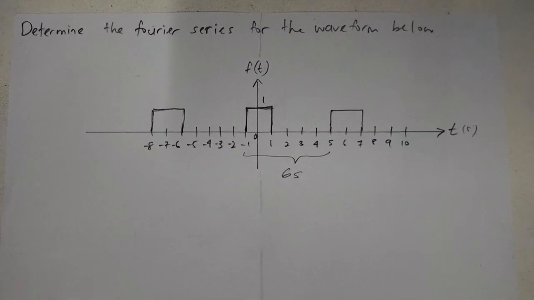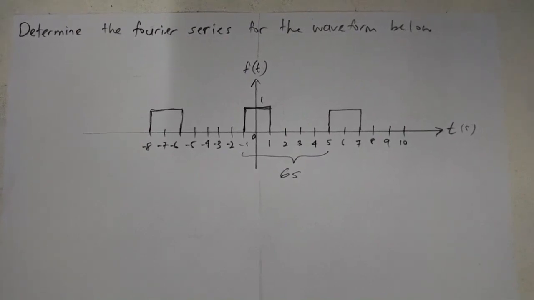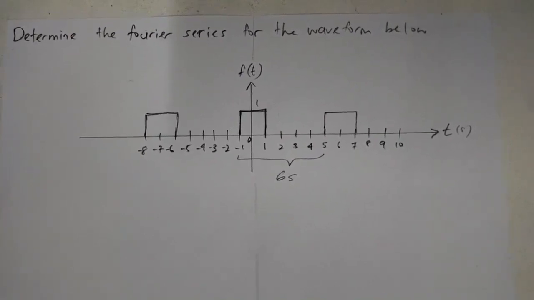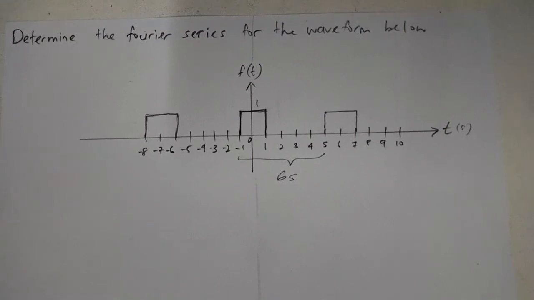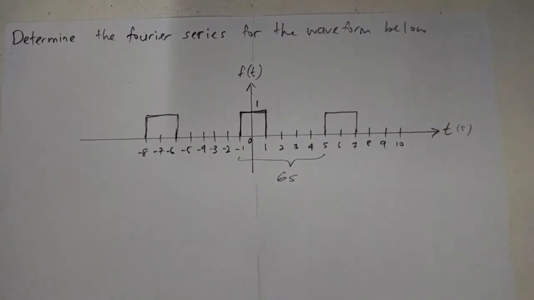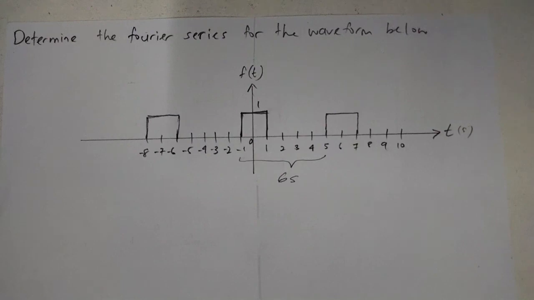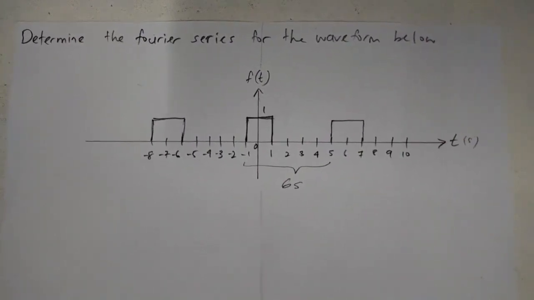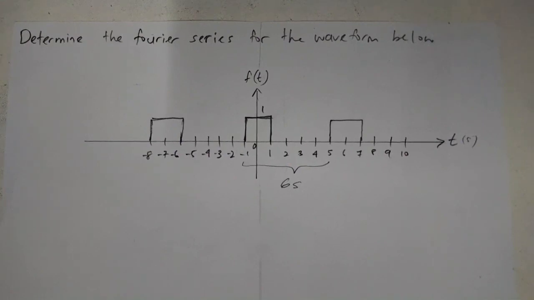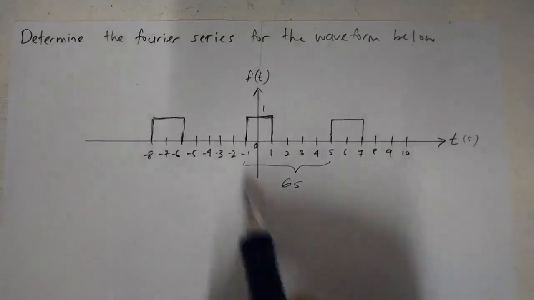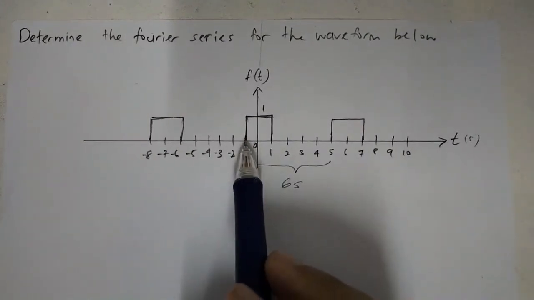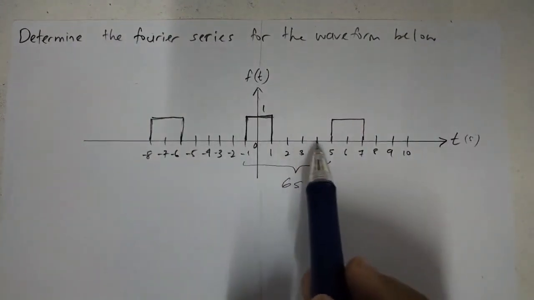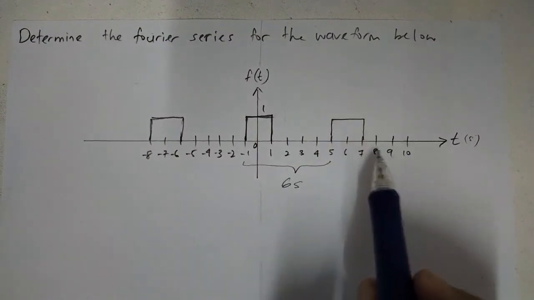Okay, in this video we will look at another example, another waveform. So this waveform is a non-sinusoidal waveform, and it is a periodic signal, meaning that the waveform repeats itself.